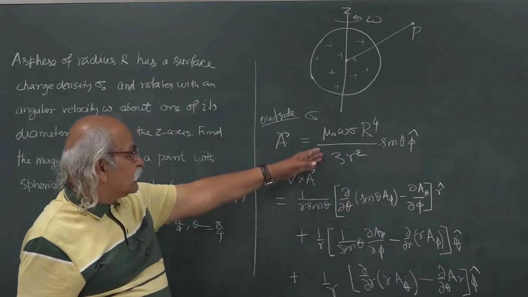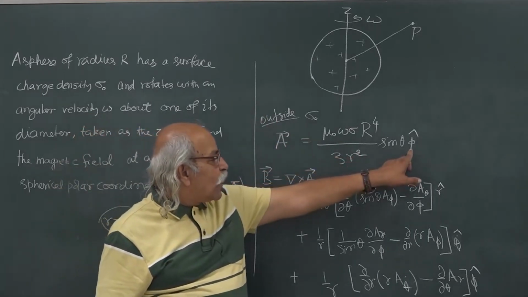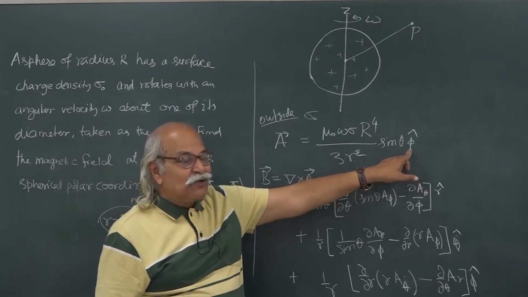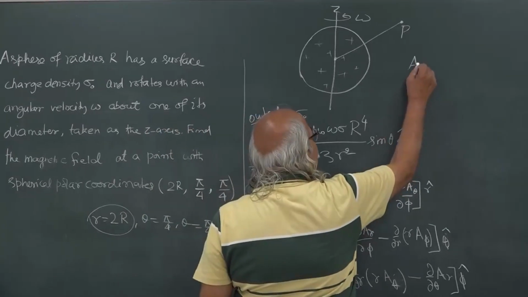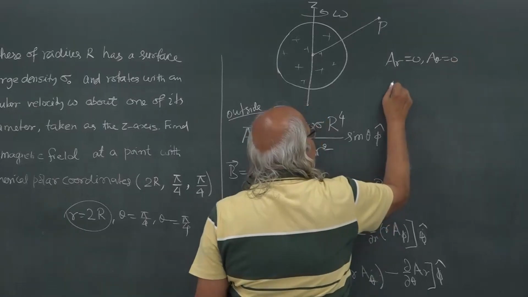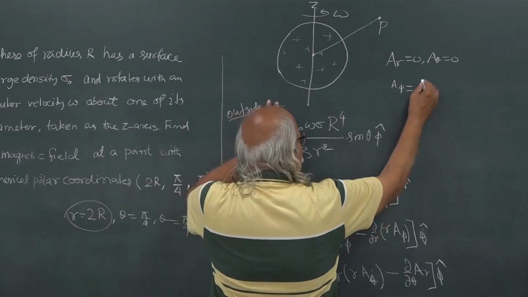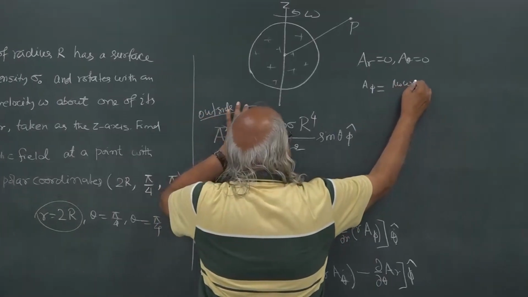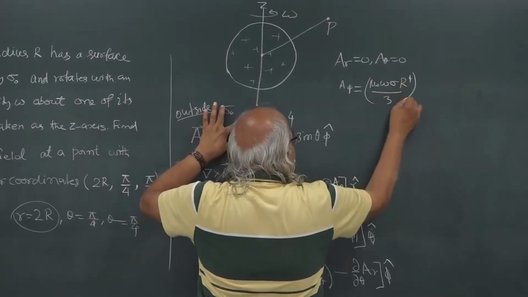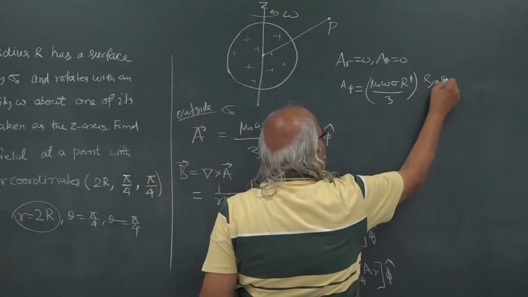Here the vector potential A only has a phi component, it does not have an r component, it does not have a theta component. So, A r is 0, A theta is 0, and A phi is mu naught omega sigma capital R to the power 4 divided by 3, which is a constant, times sin theta by r square.